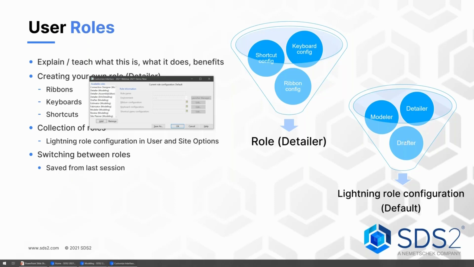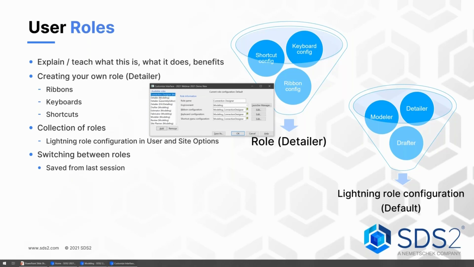And maybe you have something completely different as a drafter. The point is, you are mixing and matching the set of tools that you have in SDS2 with your choice of keyboard and shortcut configurations and collecting them into what we call a Lightning role configuration. In this case, that is called default.